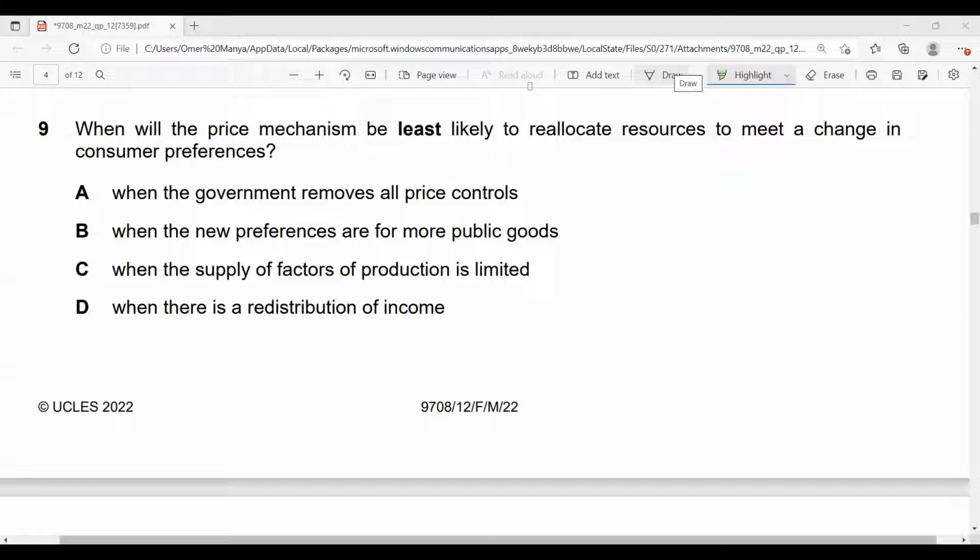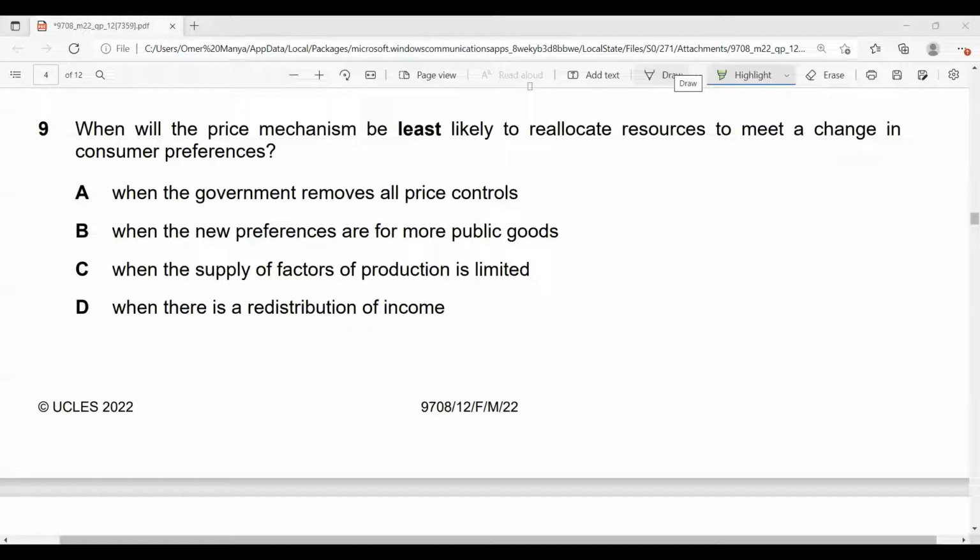Non-rivalrous means that the consumption of a good by one person will leave no less for any other. And they're also non-excludable, which means that even if you do not pay for this good, you can't be excluded from its use. For that reason, public goods are by nature non-profitable. So the price mechanism doesn't really function when it comes to public goods.